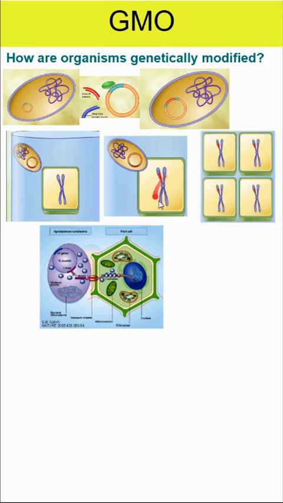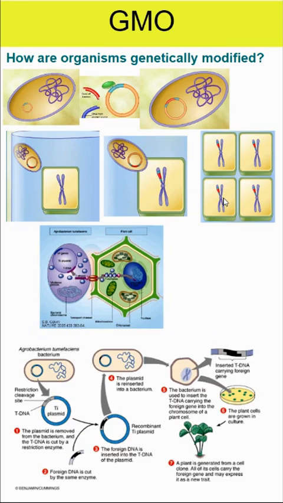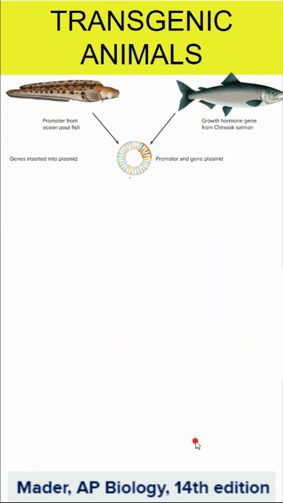So then we can regrow that plant, and now all of these plants have that genetically modified plasmid embedded into their host DNA, which will make them able to have the enzyme that can't be broken down by glyphosate. So we take those plants, we grow them in a culture, and now we have genetically modified plants.